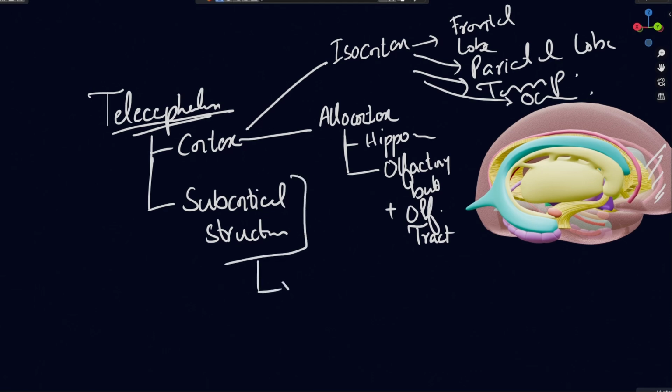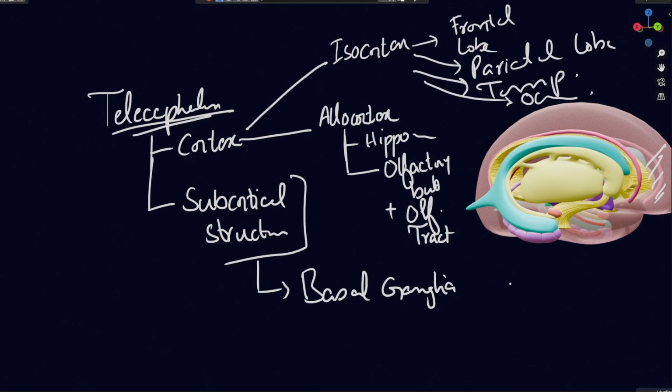Regarding the subcortical structures, we know that basal ganglia develop. The anatomically classified basal ganglia, because subthalamus and substantia nigra are not anatomically part of basal ganglia.